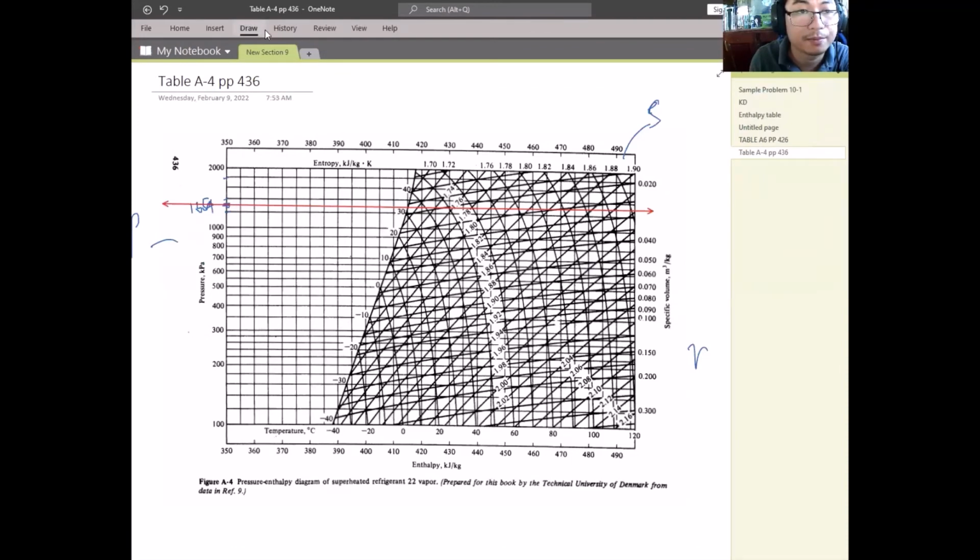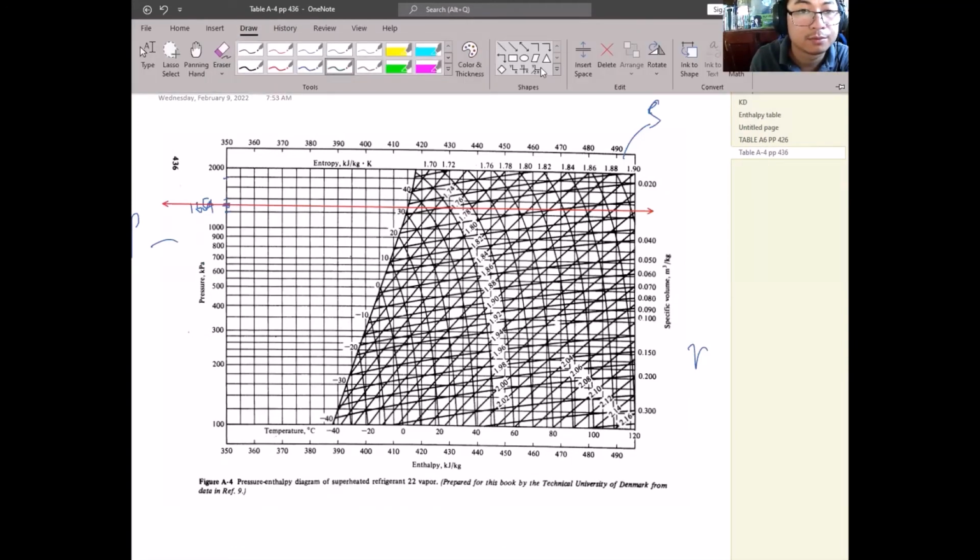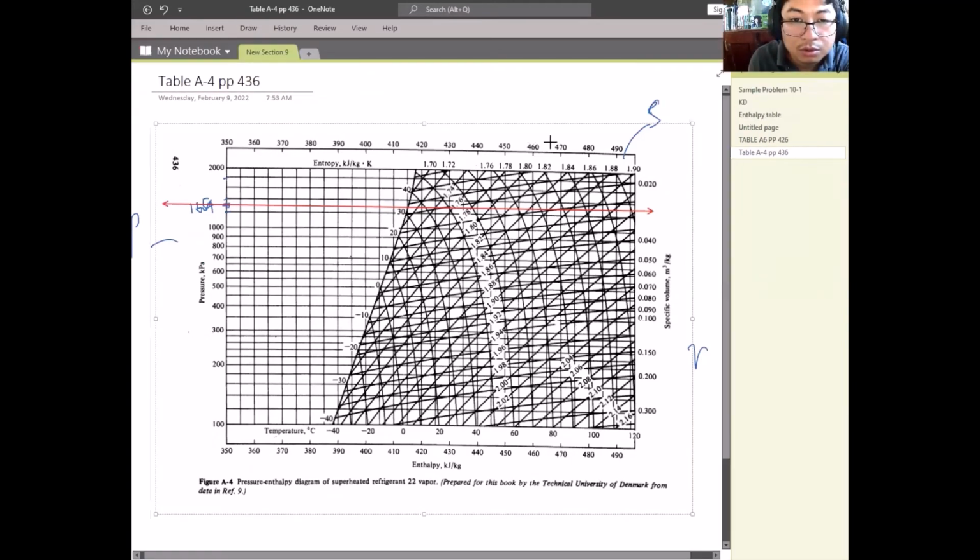The challenge here is that you need to draw a straight line between 1.76 and 1.78.